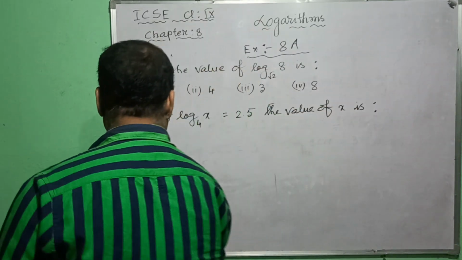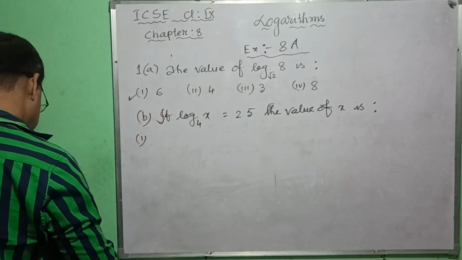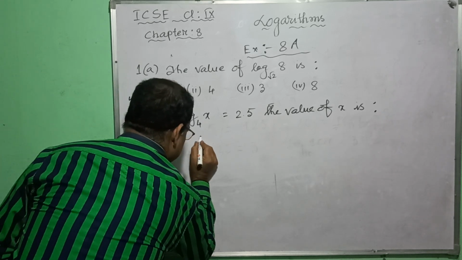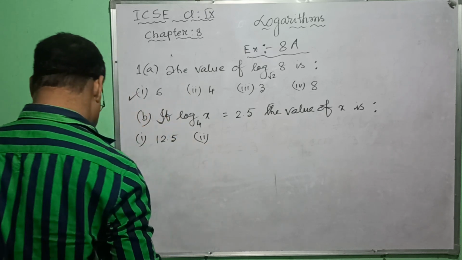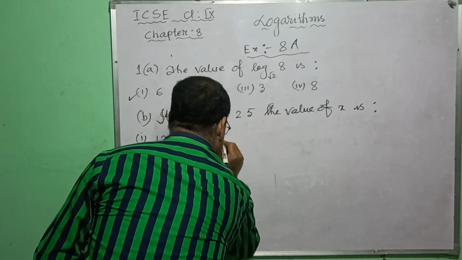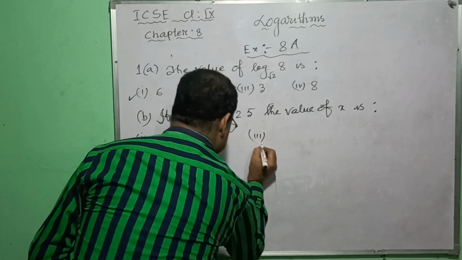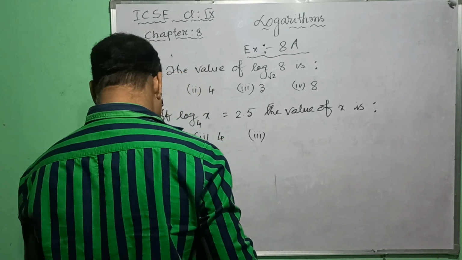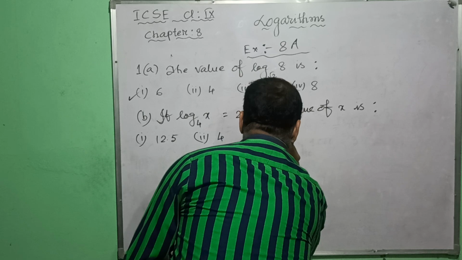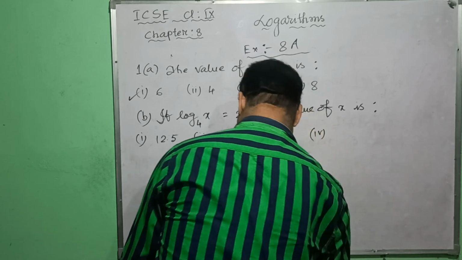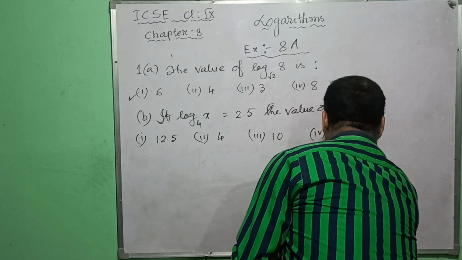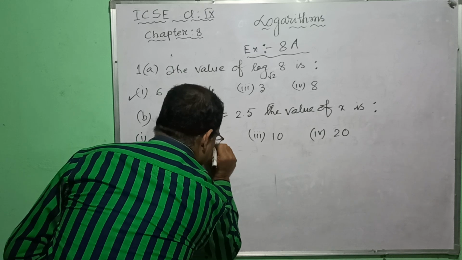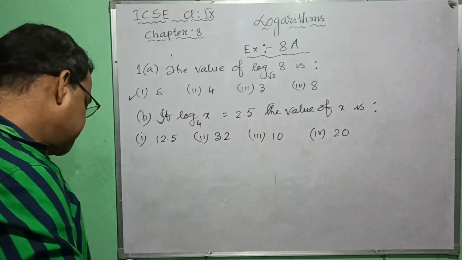Here the options are given. Number 1, 12.5, number 2, 4, number 3, 10, and number 4, 20. Here actually option 2 is 32, not 4. Option 2 is 32. So these are the options.